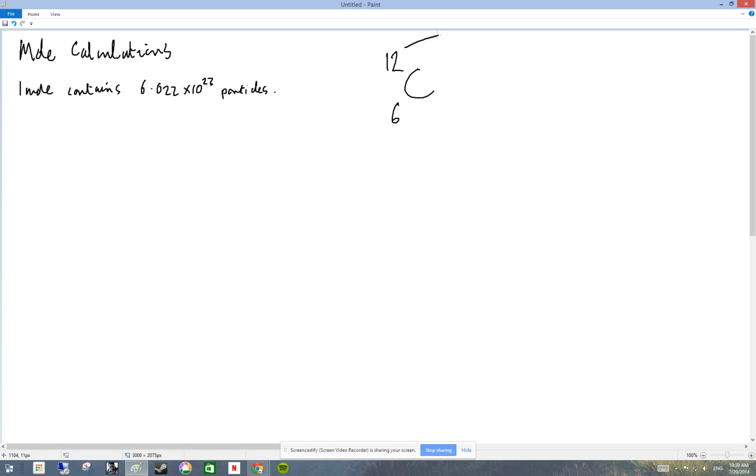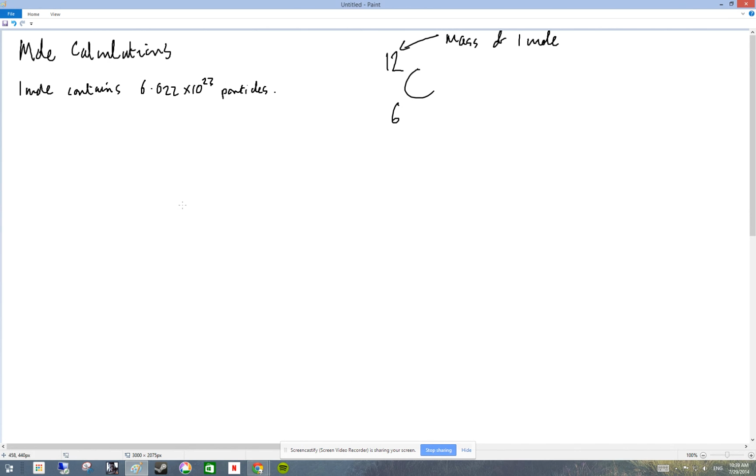But that number there is the mass of 1 mole. So if you had 12 grams of carbon, you would have 1 mole of carbon atoms, or literally you'd have 6.022 times 10 to the 23 atoms sitting there in that pile of 12 grams of carbon.